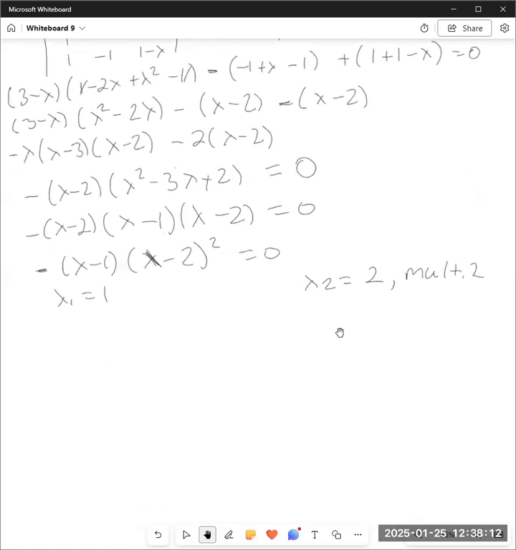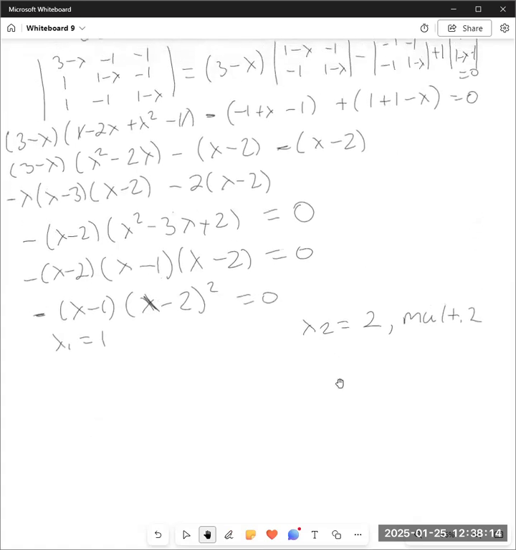So let's go ahead now. In this case here, I have 3 minus 1 is 2, negative 1, negative 1, 1, 0, negative 1, 1, negative 1, 0. Augment that.